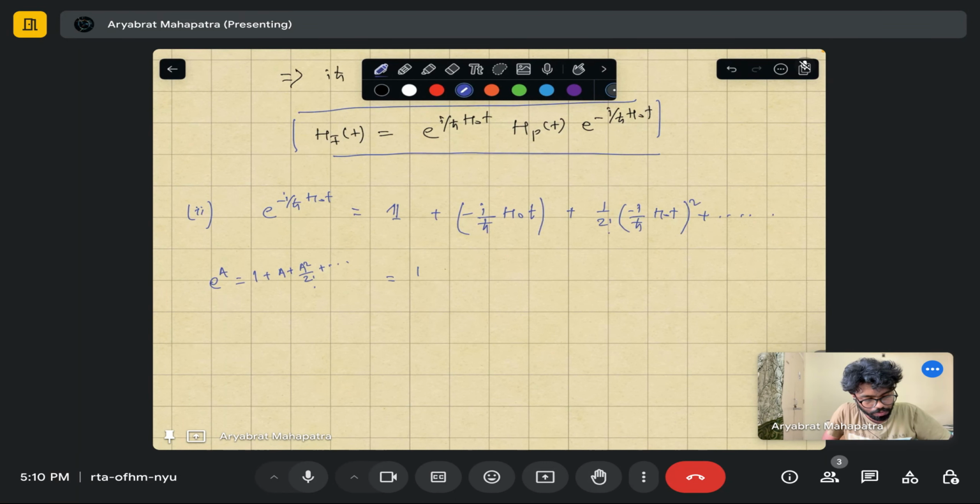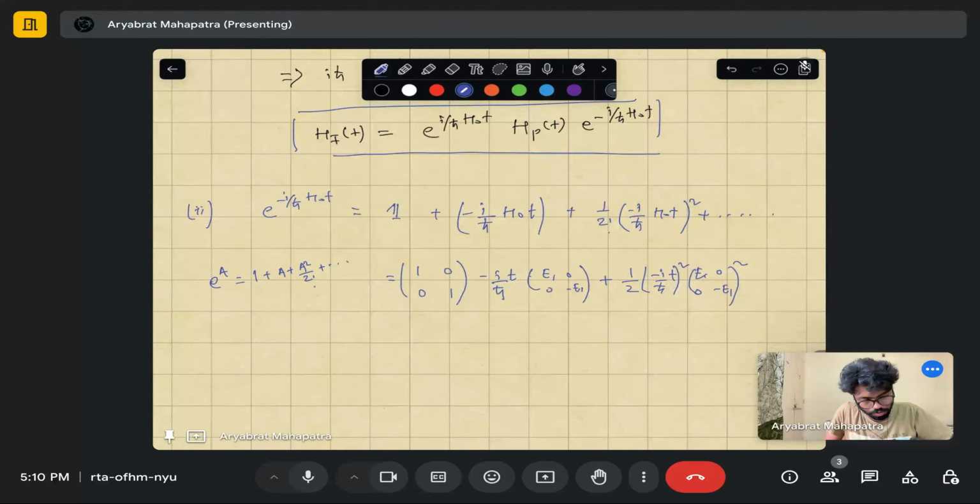So the first term is simply the identity matrix, then we have minus i t over h bar times H naught, which is e1, 0, 0, minus e1. Then 1 by 2 factorial, minus i t over h bar squared, and H naught squared, which is e1 squared, 0, 0, e1 squared.